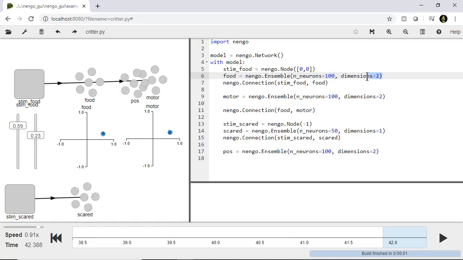The number of dimensions, that one's always sort of, well, I know what I'm trying to represent there. Am I trying to store one thing or two things or three things or four things, or however many things. For the number of neurons, that's a little bit more arbitrary. I tend to, just as a rule of thumb, do something like 50 to 100 neurons per dimension.